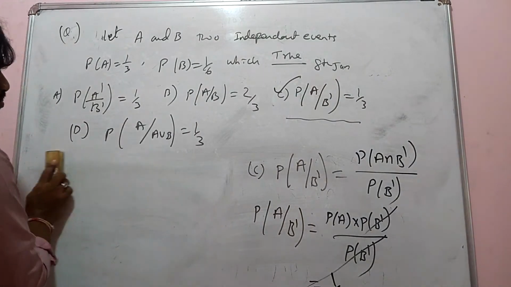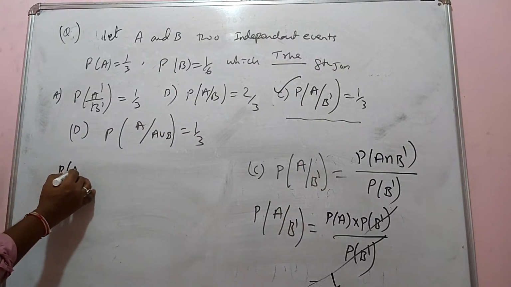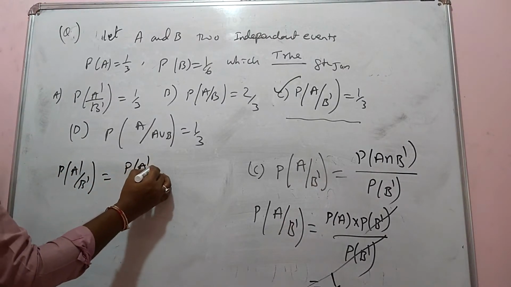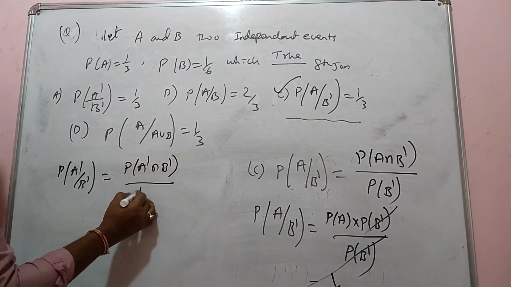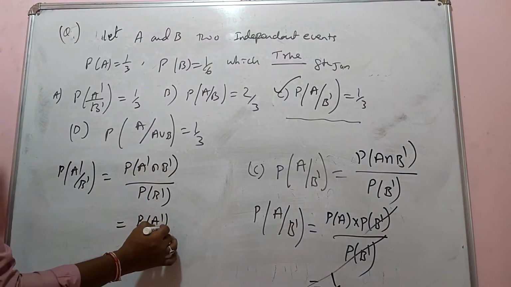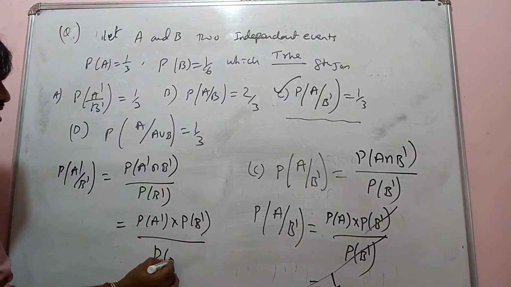Suppose you want to check A, B, C also. Okay, we will check option A. If I want to check probability of A dash given B dash, that is probability of A dash intersection B dash divided by probability of B dash. That is, I get probability of A dash into probability of B dash divided by probability of B dash.